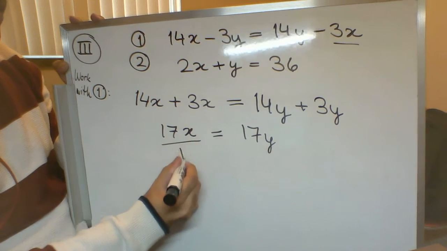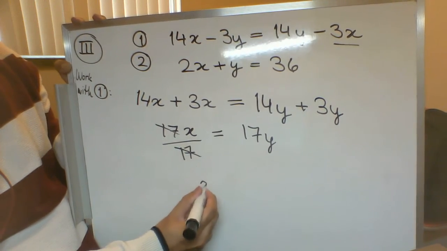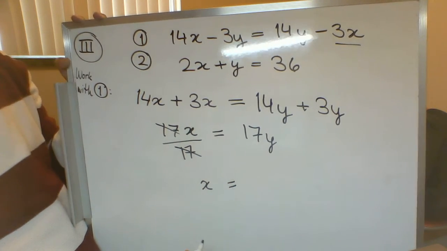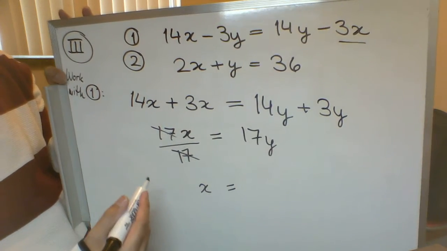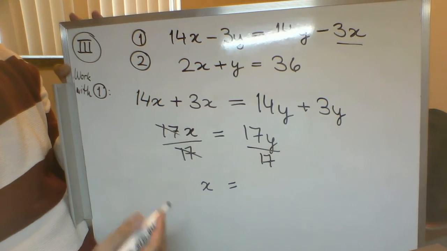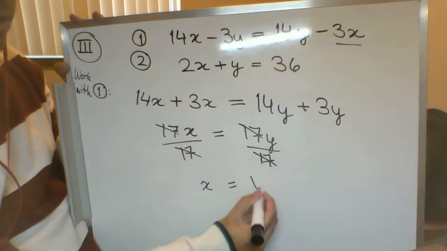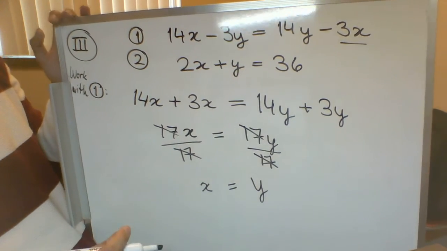If I divide this side by 17, these two 17s will disappear, and I'll be left with just an x on the left side. But if I'm dividing by 17 on the left, I have to divide by 17 on the right. Those 17s cancel, and I'm left with just y on the right side.